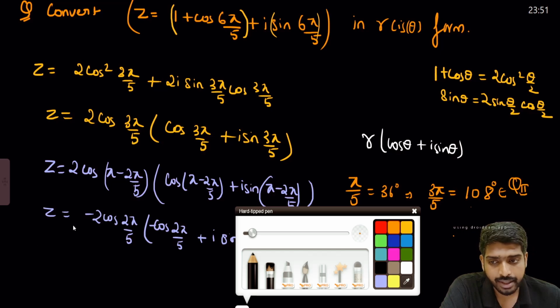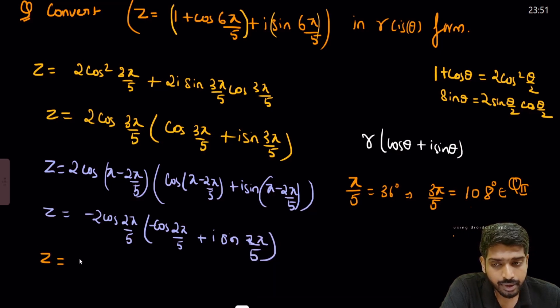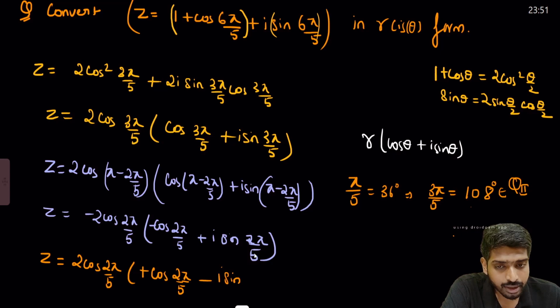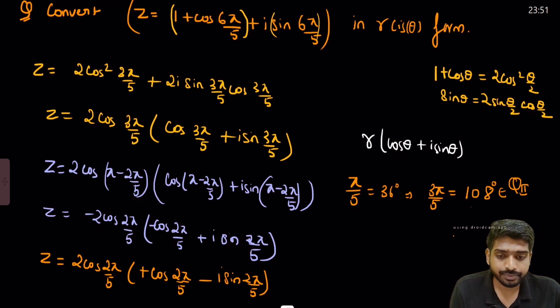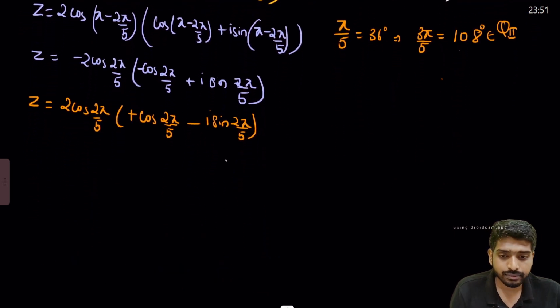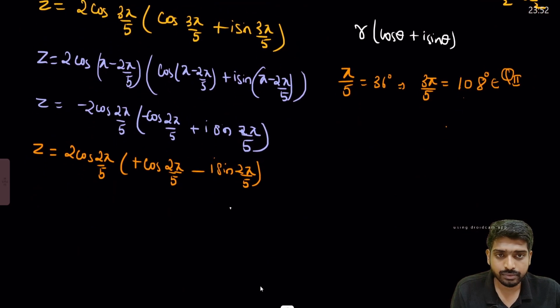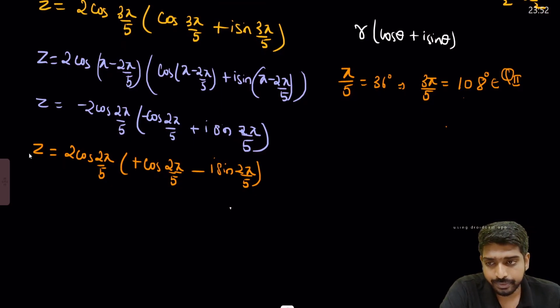Next I'll send this minus inside. Here I'll get z is equal to 2 cos 2 pi by 5. When I multiply this minus inside, I'll get plus cos 2 pi by 5 minus iota sin 2 pi by 5, got it? Now look here, this became positive, right?